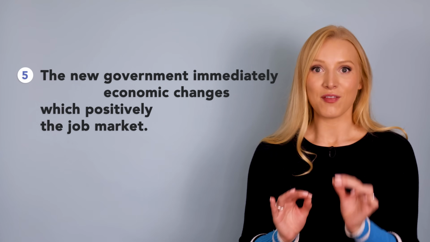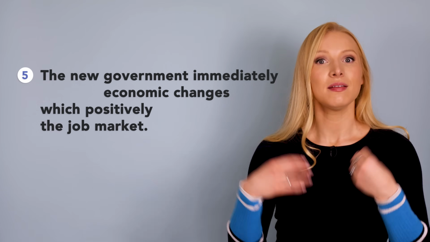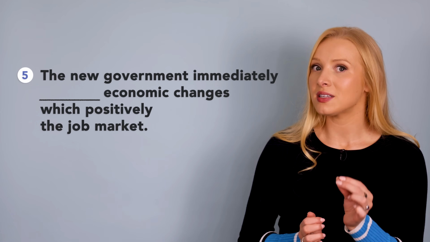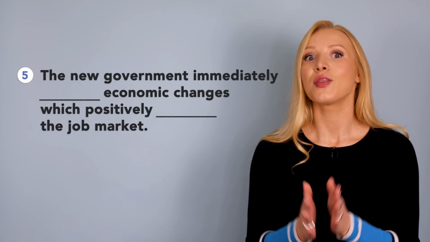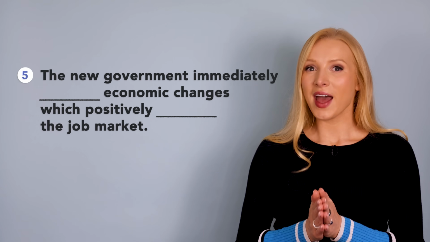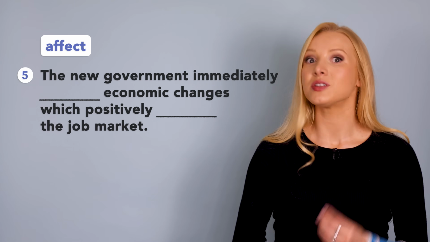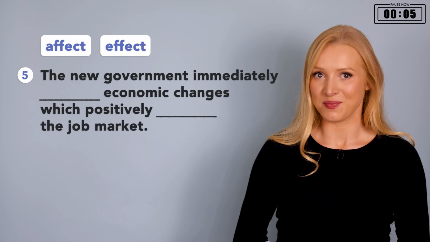And then finally, number 5, there are 2 gaps in this sentence. It's a tricky one. The new government immediately economic changes which positively the job market. Where do we want affect with an A? And where do we put effect with an E?